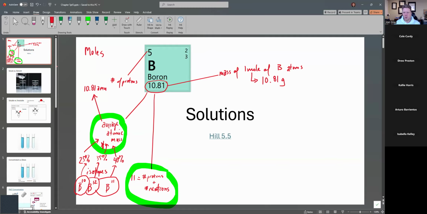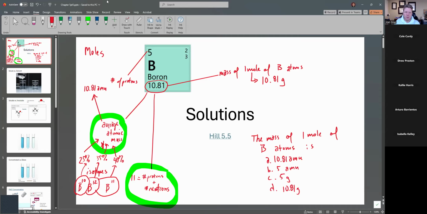So if you were to see a multiple choice question that is, here, let me write it: the mass of 1 mole of boron atoms is A, 10.81 AMU, B, 5 AMU, C, 5 grams, or D, 10.81 grams.